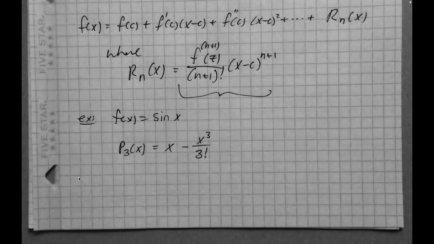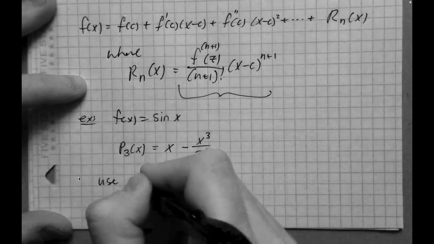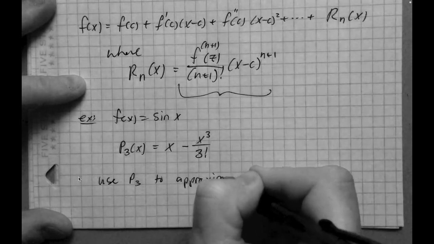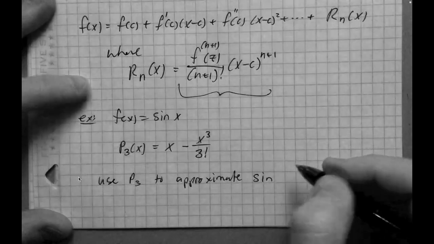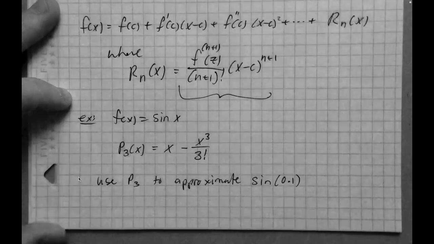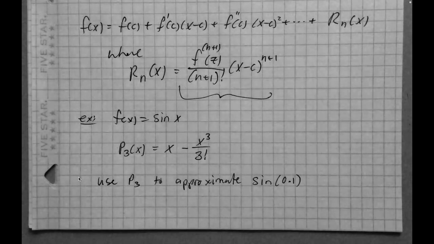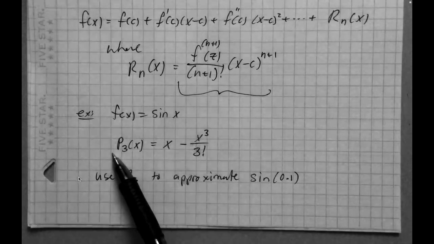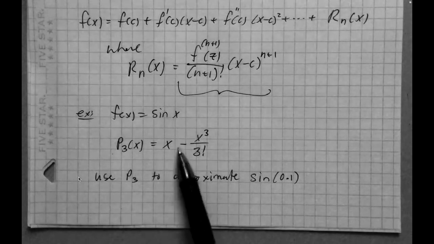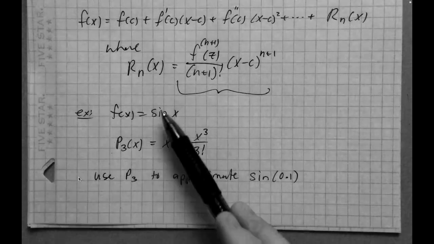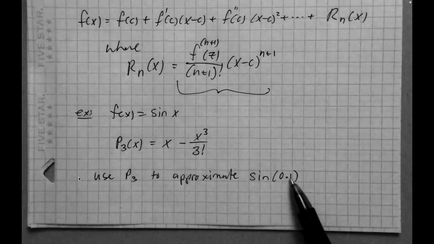What we want to do is use p3 to approximate the sine of 0.1. And when we say approximate, we mean determine the accuracy of the approximation as well, so figure out what that remaining piece is. We've got a function sine of x, a corresponding third degree Taylor polynomial, and we want to use the Taylor polynomial to approximate sine of x when x is 0.1.